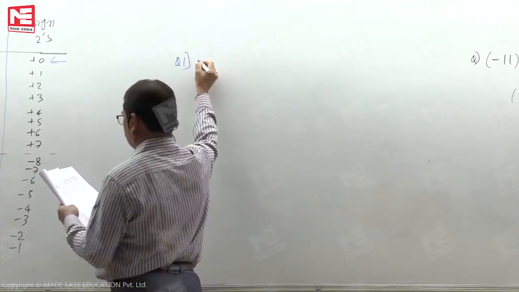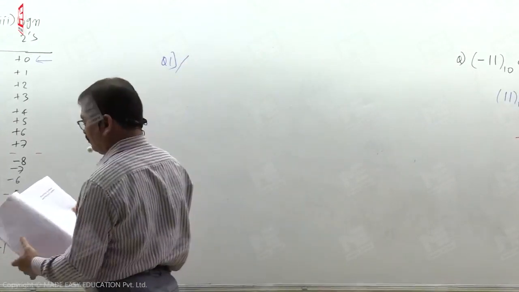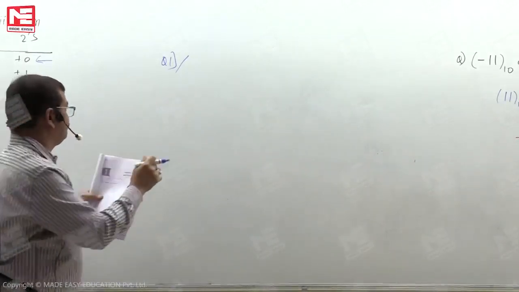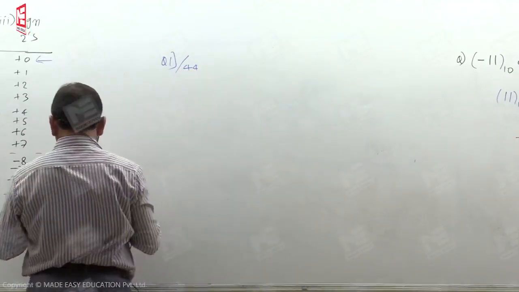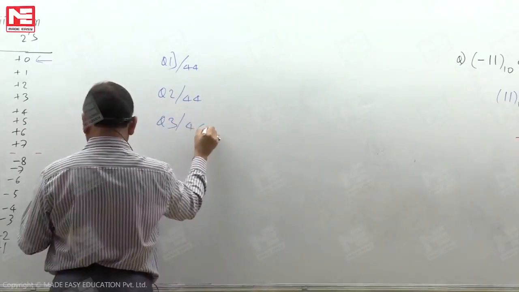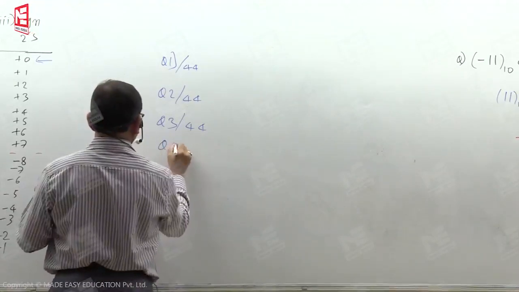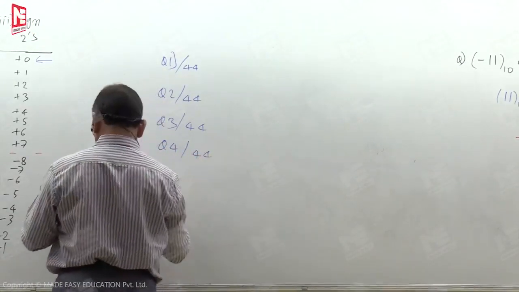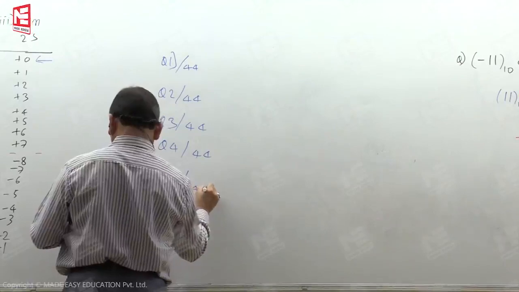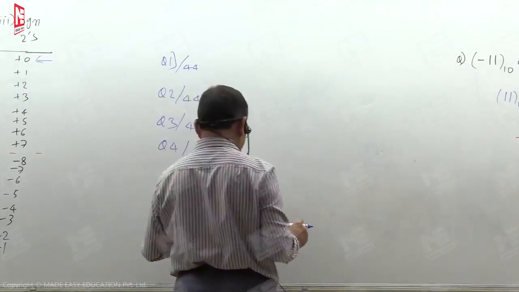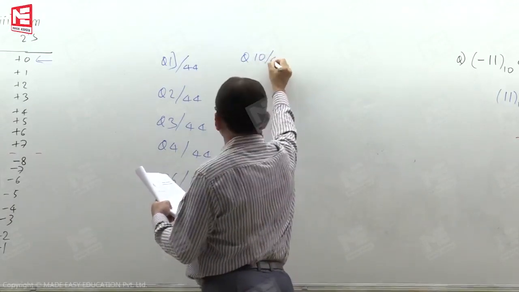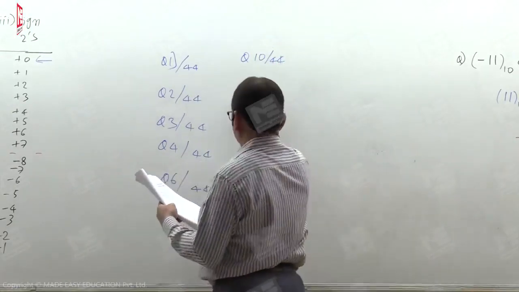Chapter 1, number system, page number 44: question 1, question 2, question 3, question 4, question 6, question 10, question 13.